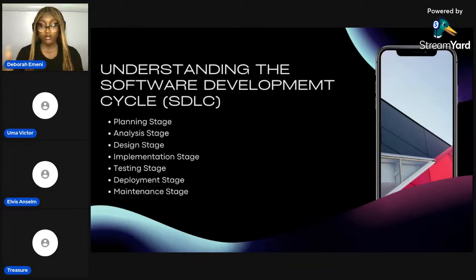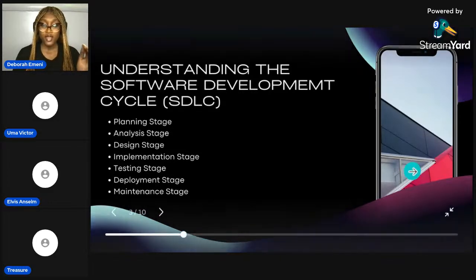But for this tutorial, I'll just mention two of them, the waterfall model and the agile model. The waterfall model uses a sequential approach. It starts by executing the planning stage and then moves to the analysis stage, so it's step by step. It completes each stage before it moves to the next stage.